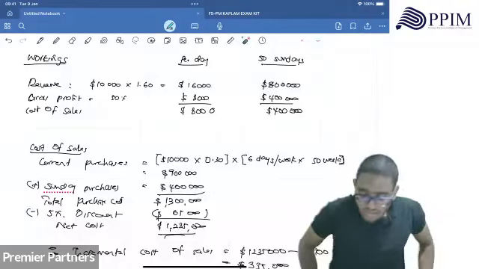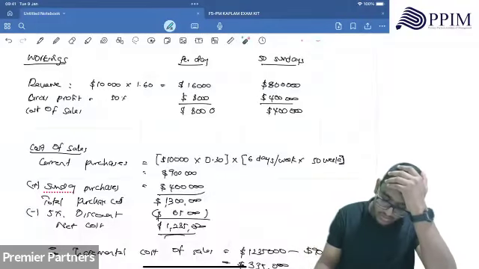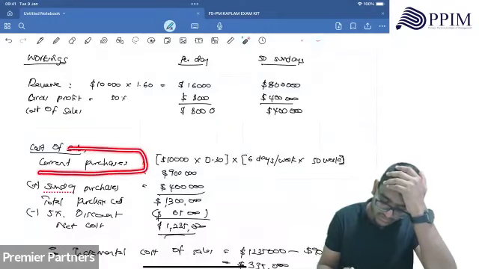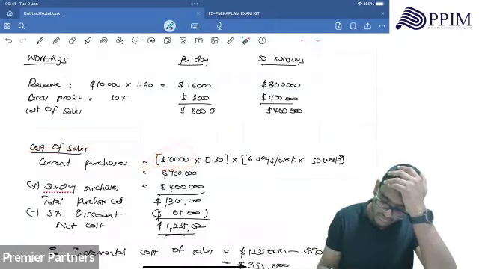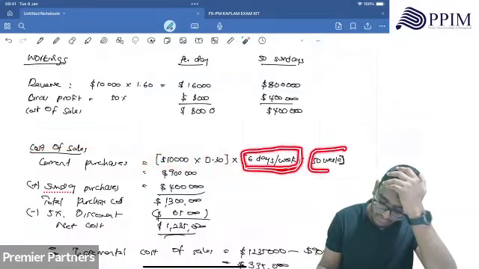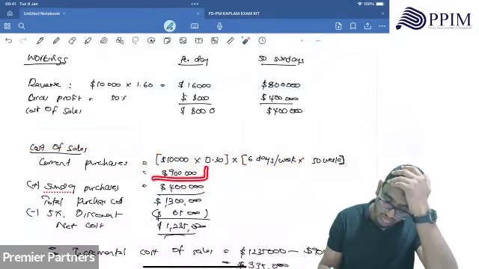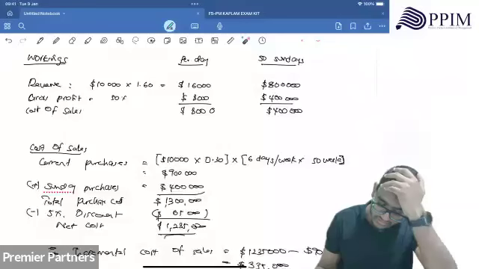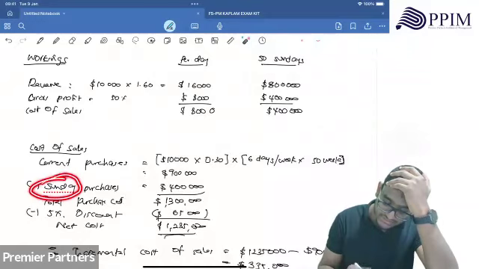Yeah. So basically, if you focus on the current purchases, your current sale is $10,000. You have a GP margin of 70%, which means your cost of sales will be 30%. You're working 6 days a week, which is Monday to Saturday, and you're working for 50 weeks. So that will then give you a total purchase value of 900,000. In addition to that, you're going to now purchase on Sundays.